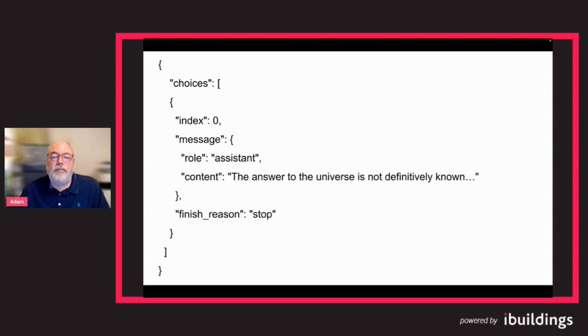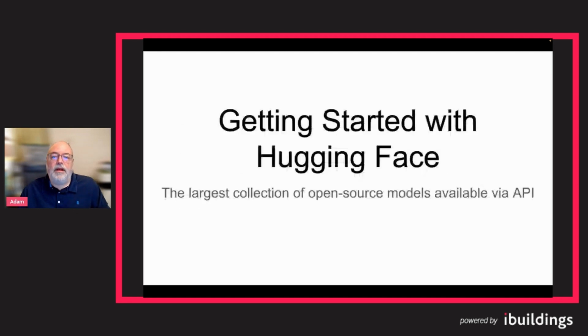Hugging Face, you may or may not be familiar with it, is the largest collection of open source and open access models available via API. When you start hearing in the news about a new model released, you'll likely have a link to Hugging Face, where it's accessible and described, and the configuration for it is available if you wanted to run or build it, which usually requires Python.